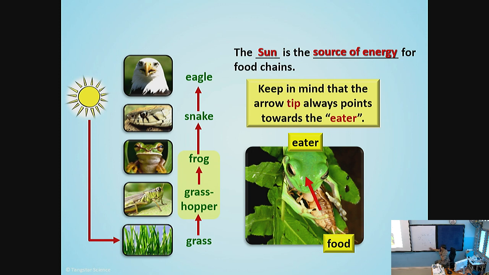For example, if you are going to write grass, the correct one is this one. But if you write it like this, it is incorrect. This one is the food and this one is the eater.